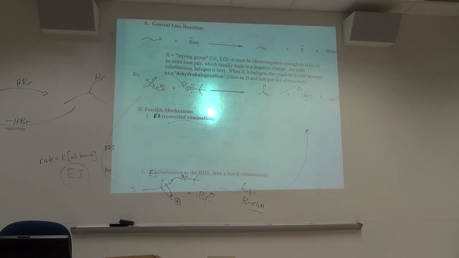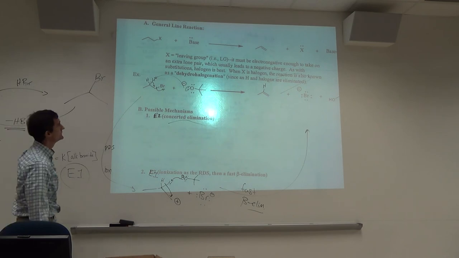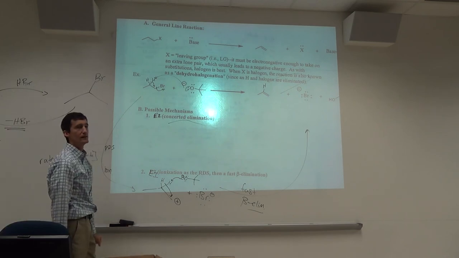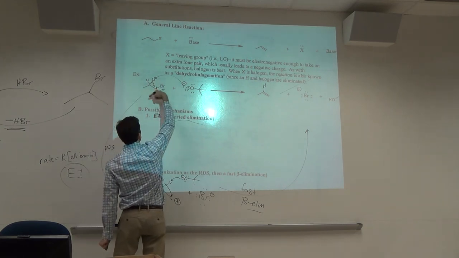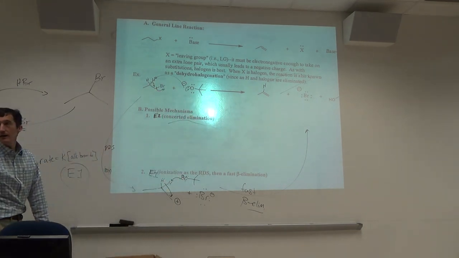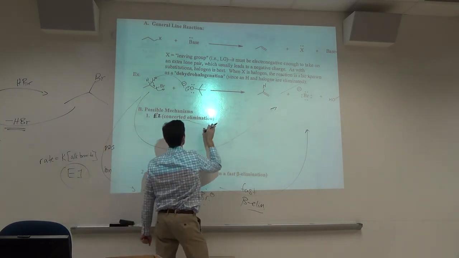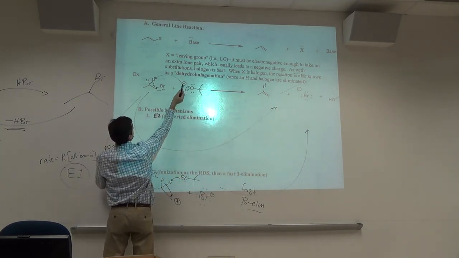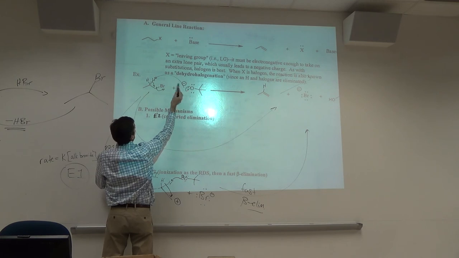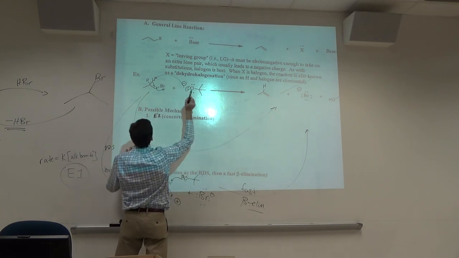All together now. All that's concerted. What does all that arrow movement give? It gives that, right? Because right here, what is this arrow doing? Taking the H, that gives the final thing.